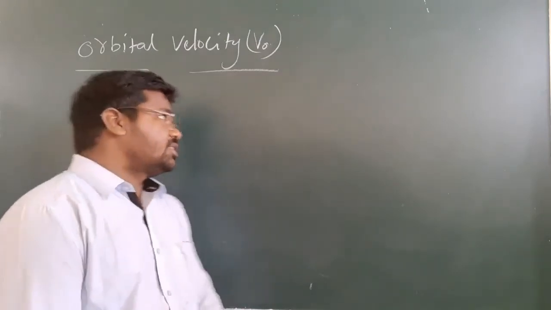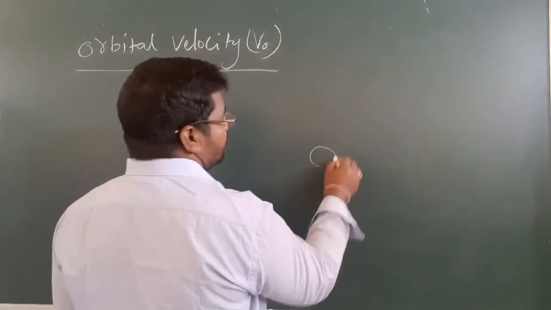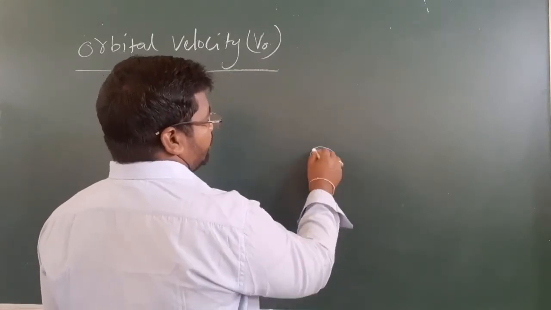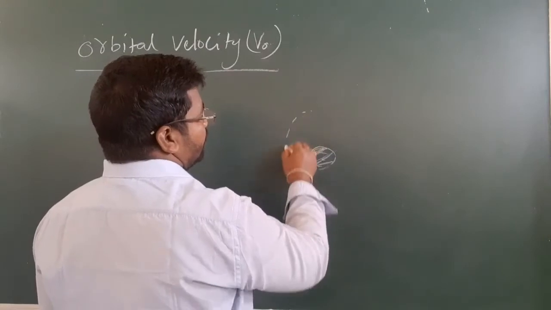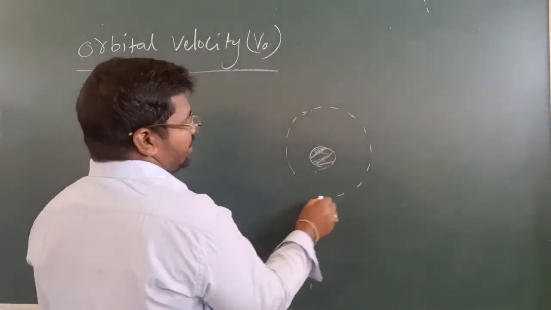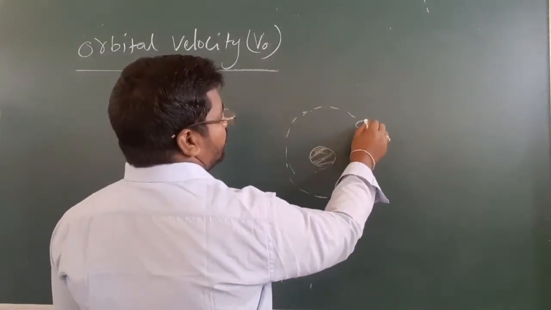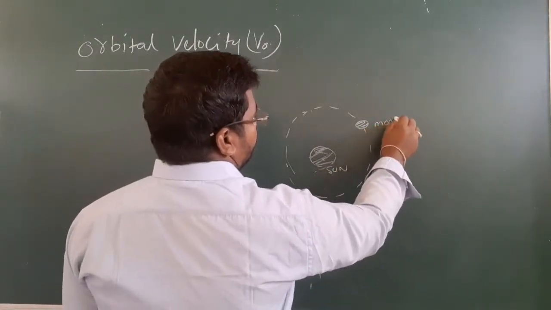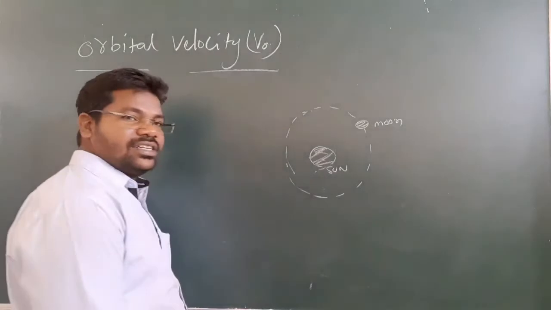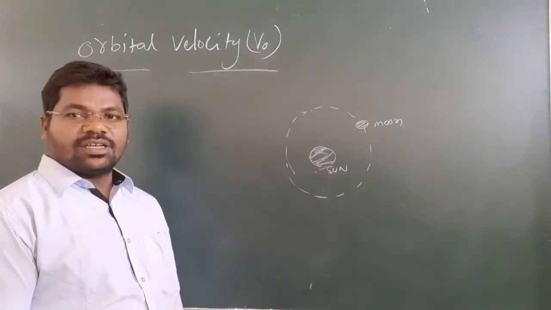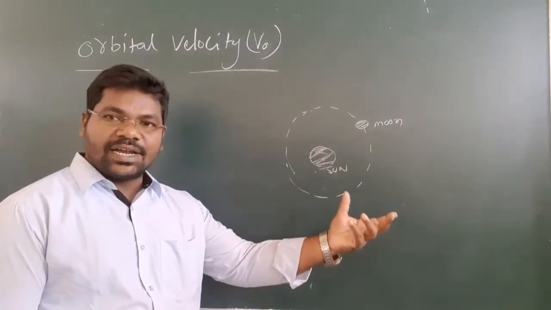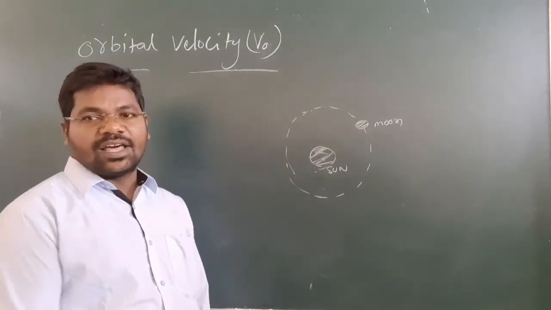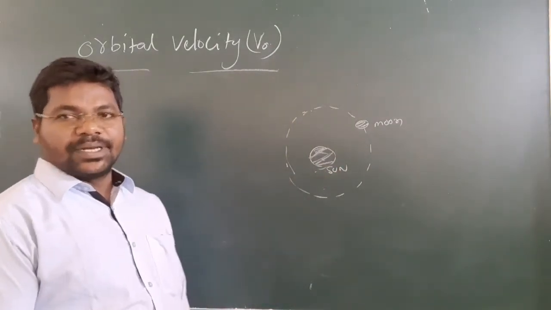See here, suppose this is Earth. Around the Earth, we know that the moon revolves. Here the moon we can consider a natural satellite, which revolves around the earth in a particular orbit and particular time frame.